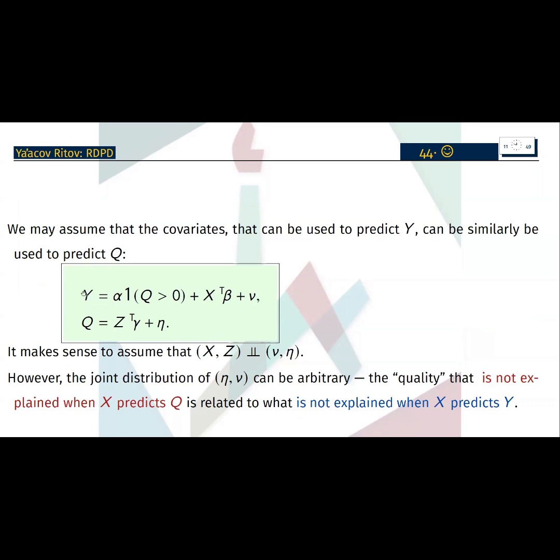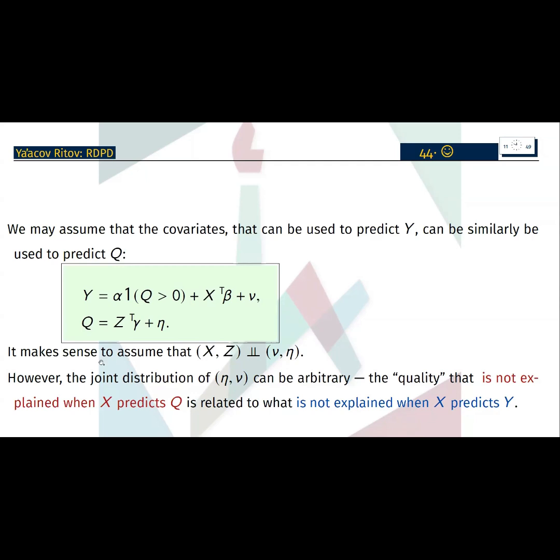We have the standard regression that we write for y. But in the same way that I could predict y by x, I can typically predict q by some covariate z.